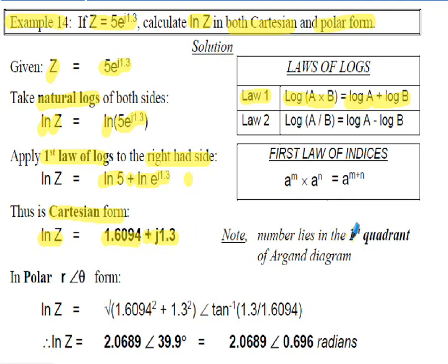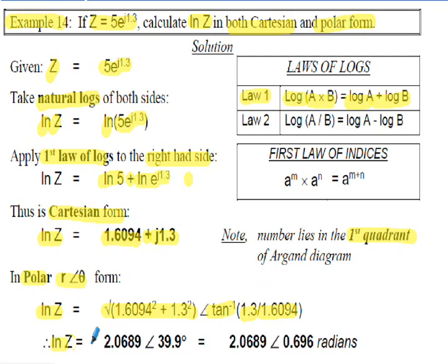This obviously lies in the first quadrant because we've got a positive real value and a positive imaginary value. So on an argand diagram, we're in the first quadrant. So now calculating into polar form, that's the R argument theta format, we get ln z is equal to the modulus of the above Cartesian form will be 1.6094 squared plus 1.3 squared all square rooted, that's Pythagoras theorem to find the modulus, and the argument, the angle in this case tan to the minus 1 of the 1.3, the opposite side divided by the adjacent side, 1.6094 on our argand diagram.